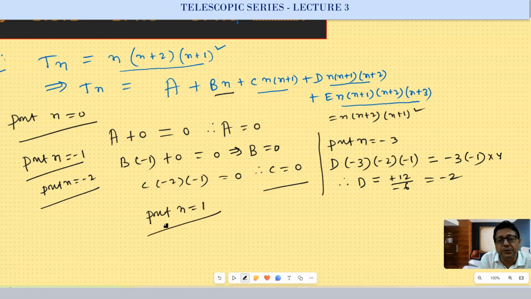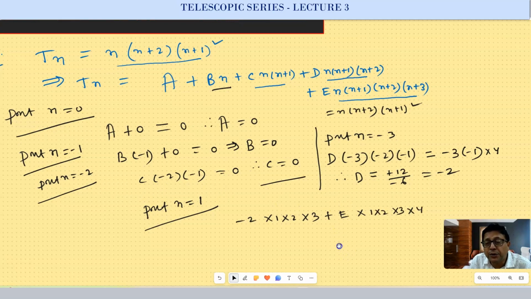All these are 0, only D is there. Minus 2, 1, 2, 3, because D we got minus 2, and put n equal to 1 over there. This plus E. Plus E we have to find. So E into 1, 2, 3, 4.